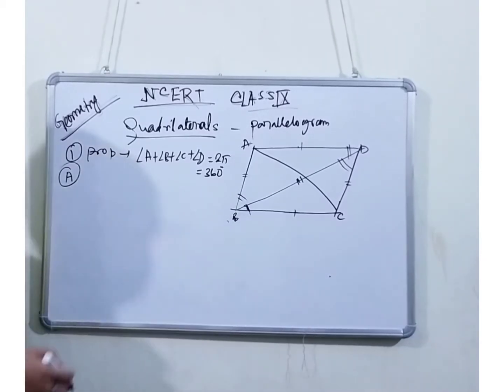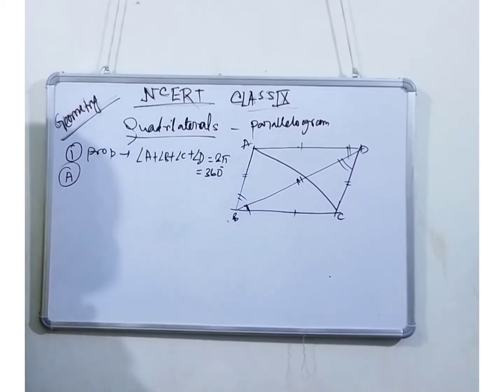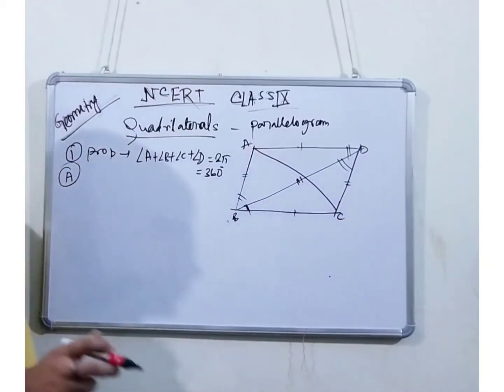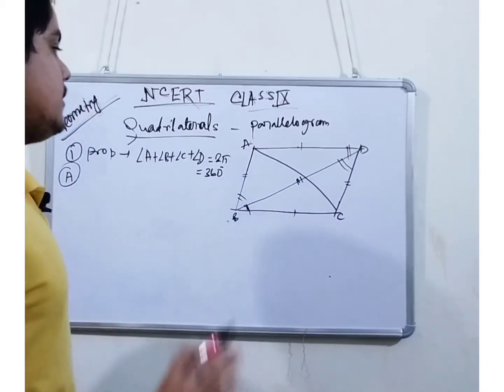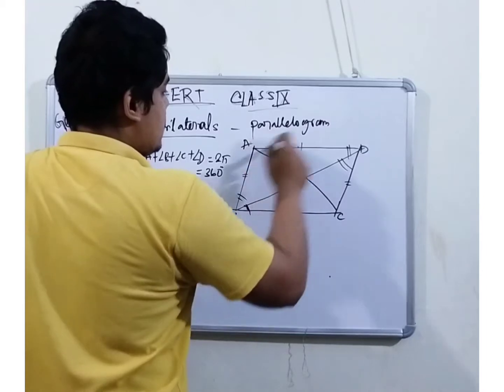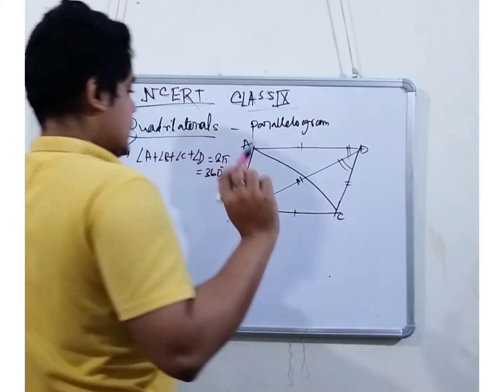The next theorem is to prove that the diagonals of a parallelogram bisect each other. Okay, this line should be a straight line. I drew a curved line because of my bad handwriting. Ignore that. But the theorem says that in this parallelogram, the diagonals bisect each other.